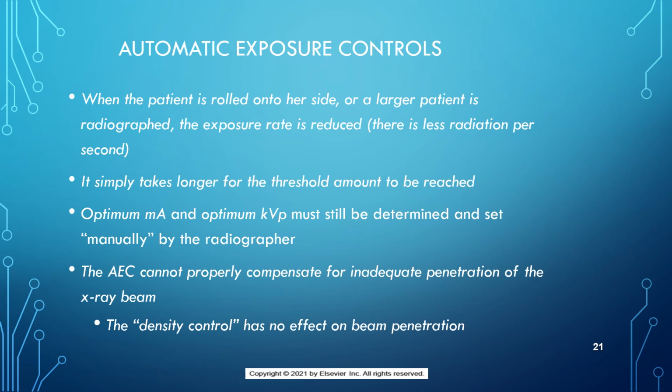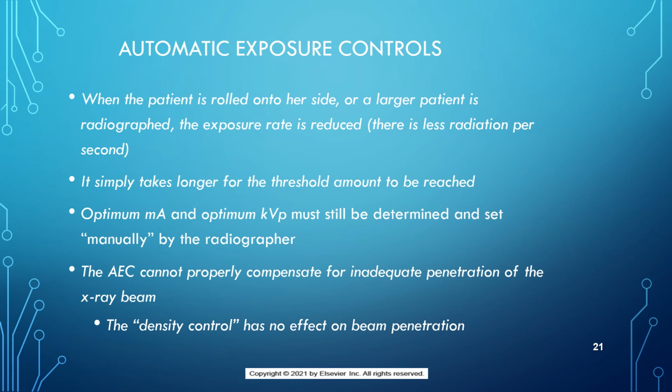Thicker body parts run longer exposures, necessarily, because you're counting ionizations from the remnant beam, and thicker body parts absorb more and therefore thin out the remnant beam. So it's going to take longer for what we call threshold ionization to achieve conduction from cathode to anode. Okay, it's going to take longer for that process to occur, so your exposure is going to run longer.